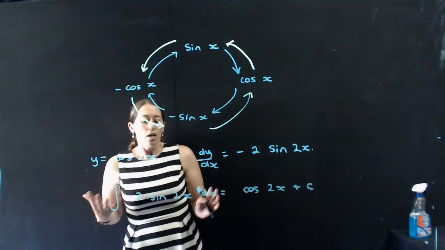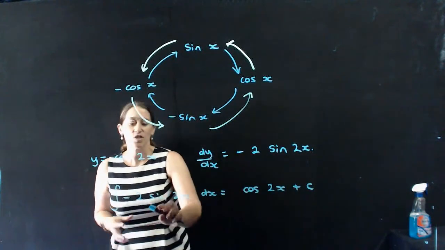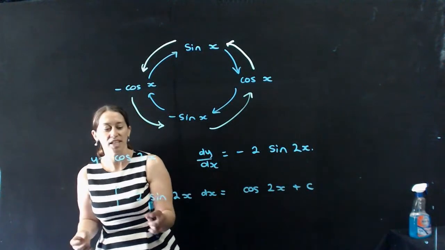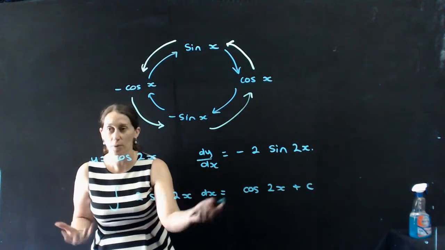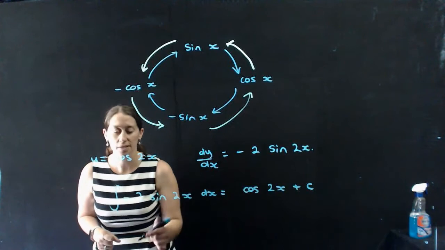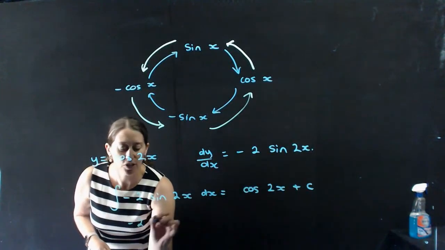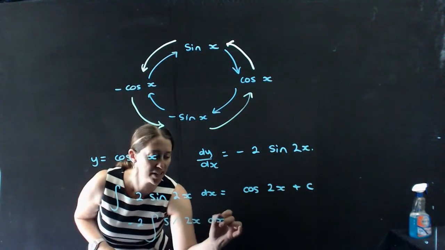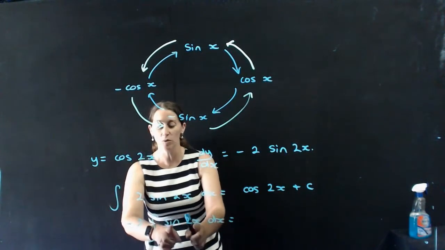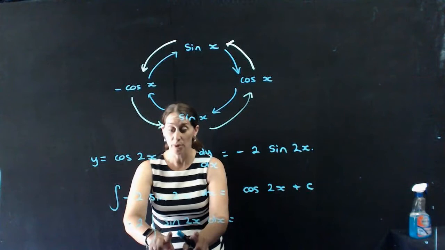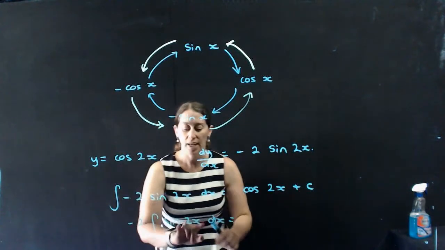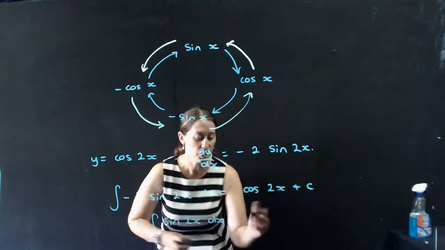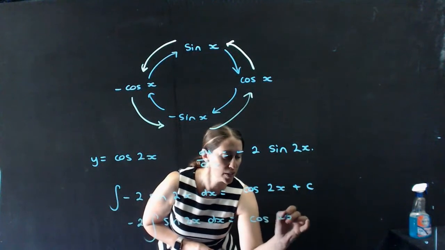Now, let's suppose I wanted to generalize this and say I want to integrate sine ax, so sine 2x in this case. I'm going to pull the constant out front. So we get minus 2 times the integral of sine 2x with respect to x. Now I've changed the question, because now I'm saying I want to integrate positive sine 2x with respect to x, and that still becomes this, because this is my equation, so we get cos 2x plus c.